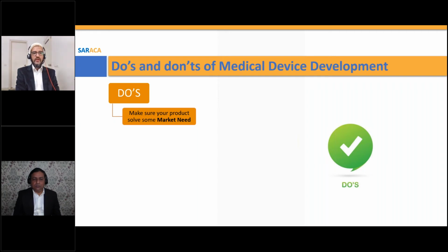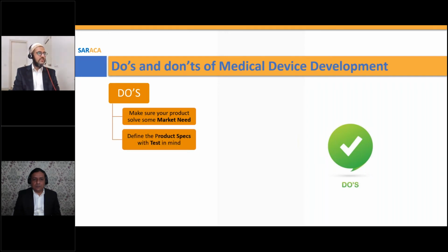But if your product, your technology, or your idea is solving some market need, then it will see ready acceptability in the market. So it's a good idea to see if you're solving any market need or not.